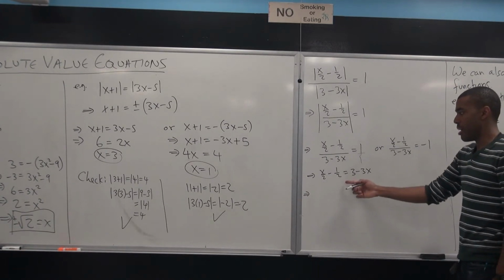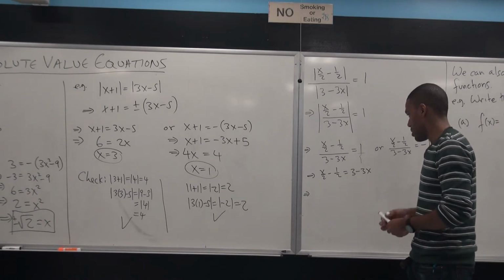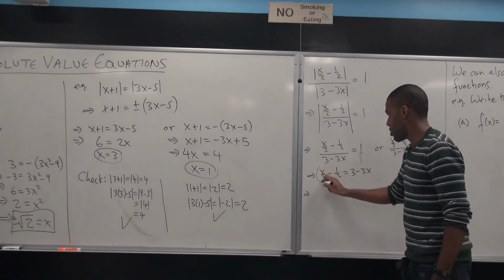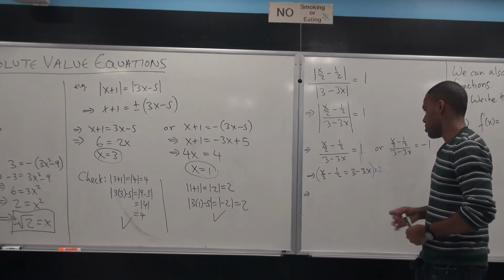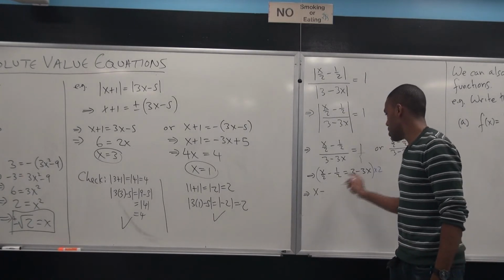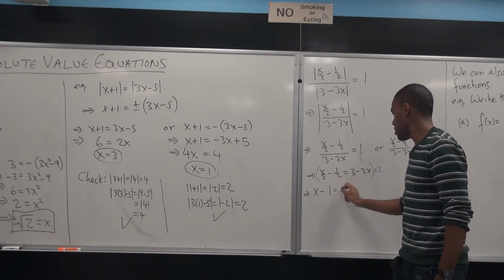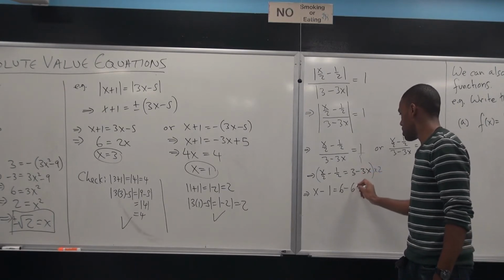Right, he doesn't like the halves, so what he's going to do is he's going to multiply through by 2 to kill the halves, right? So take this entire equation, multiply by 2. And so this is going to just be x minus 1. This is going to be 6 minus 6x.